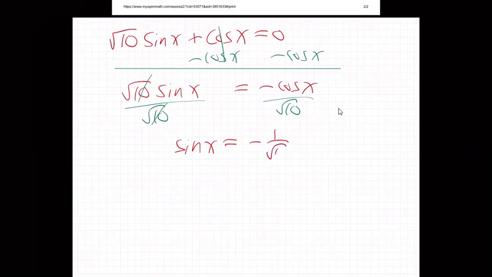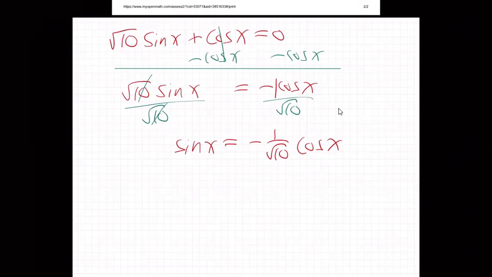I think it's going to be better to write it like this. See how that's the same thing. So minus 1 over root 10, because there's really an invisible 1 up top, always. There's a 1 times cosine. Your negative 1 times cosine is the same as negative cosine. No difference there. So negative 1 over root 10 cosine x.